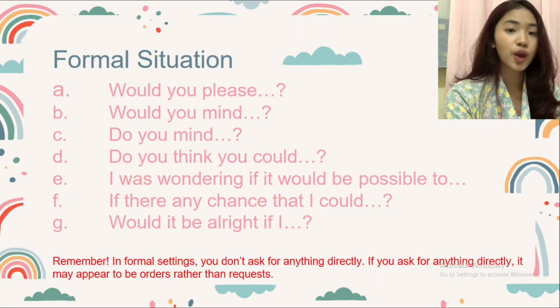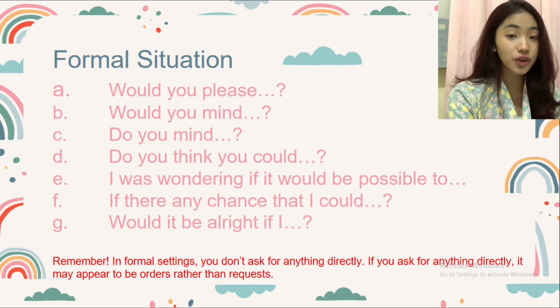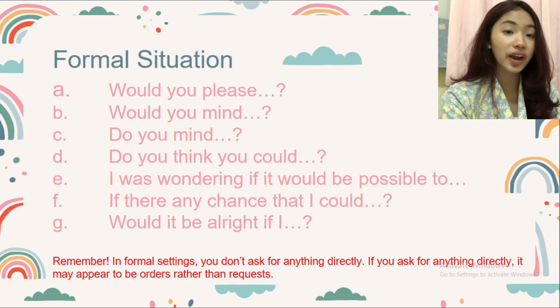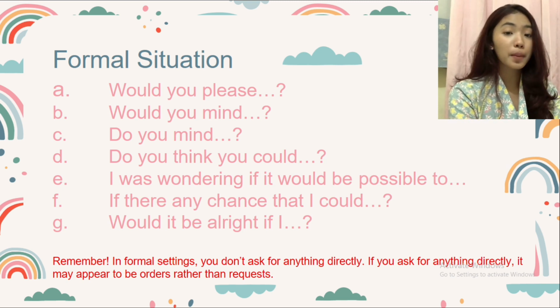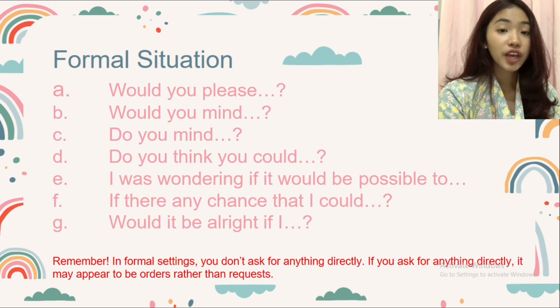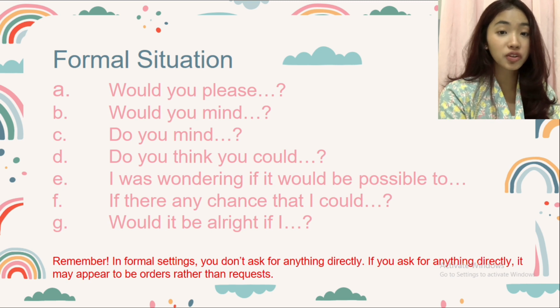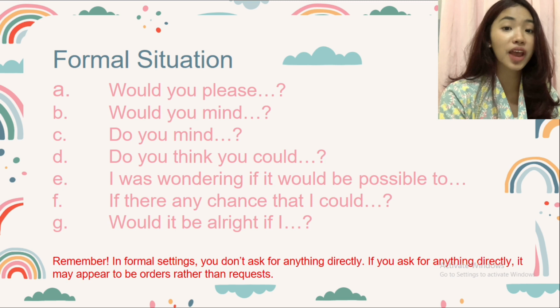You can use would you please, would you mind, do you mind, do you think you could, I was wondering if it would be possible to, is there any chance that I could, or would it be alright if I. For example, would you please call my mom? My battery runs out. You can use the 7 forms in formal situation, but remember to use the present participle form in the expression of do you mind and would you mind.